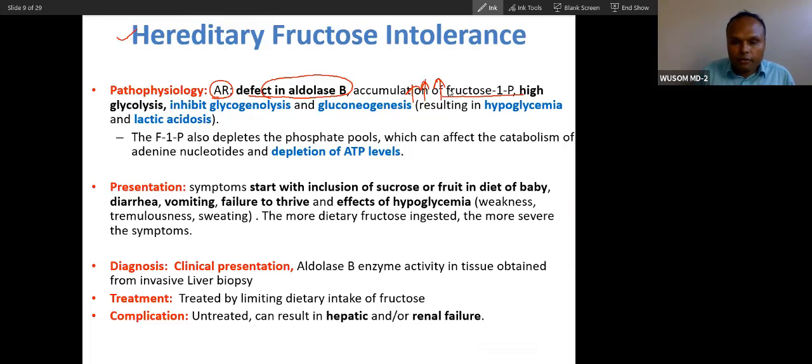So fructose 1-phosphate is very high. Anything that is not permeable from the cell becomes toxic. The same way glucose 6-phosphate caused inhibition of gluconeogenesis and glycogenolysis, it will cause hypoglycemia.